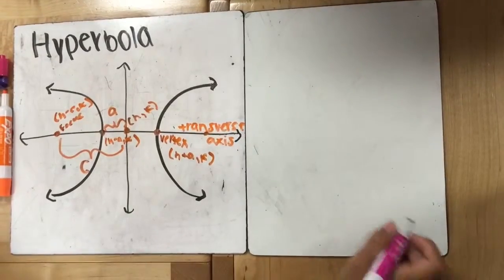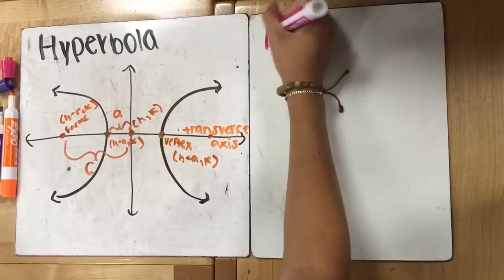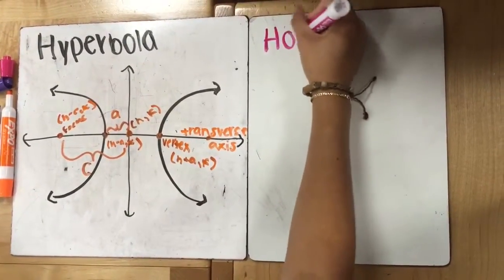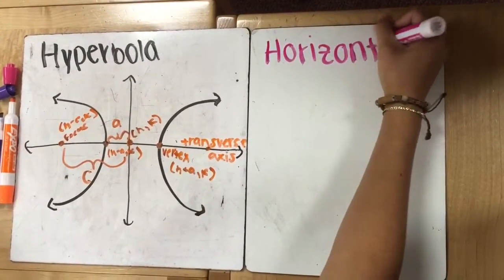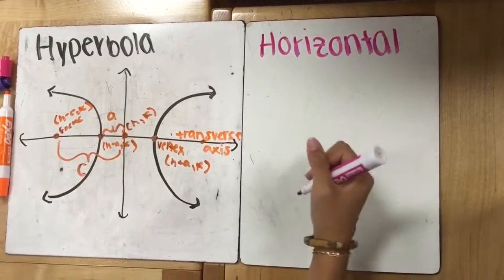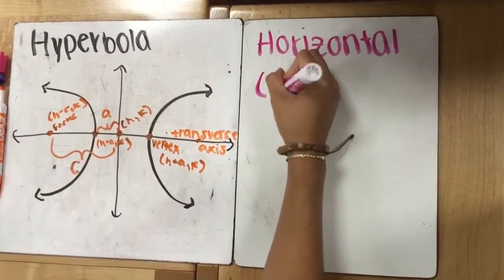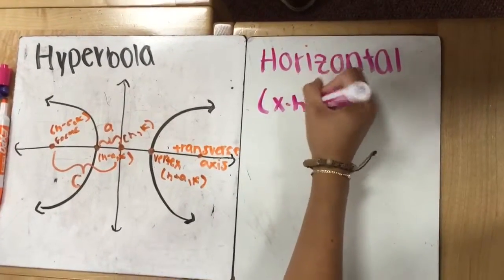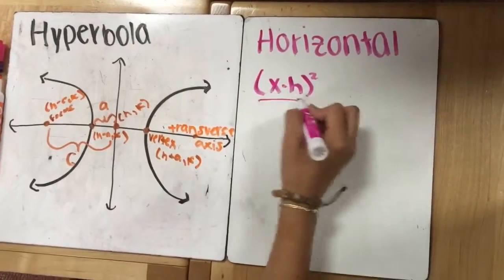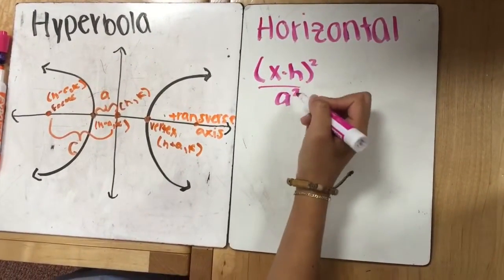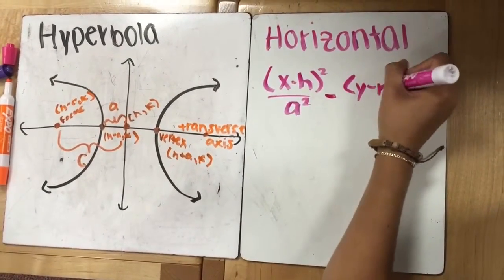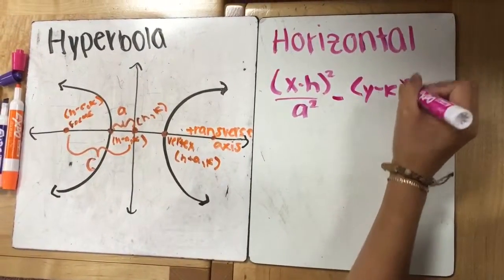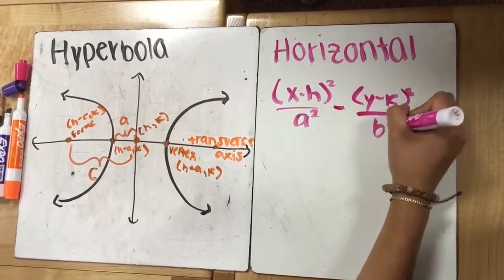Okay. So since this is a horizontal hyperbola, your equation is going to be x minus h squared over a squared minus y minus k squared over b squared is equal to 1.